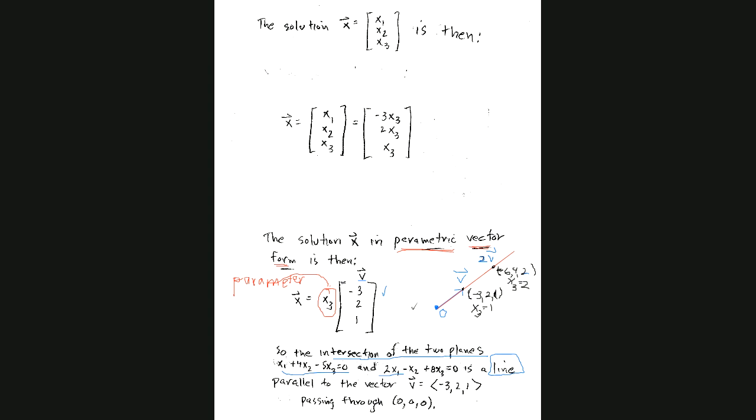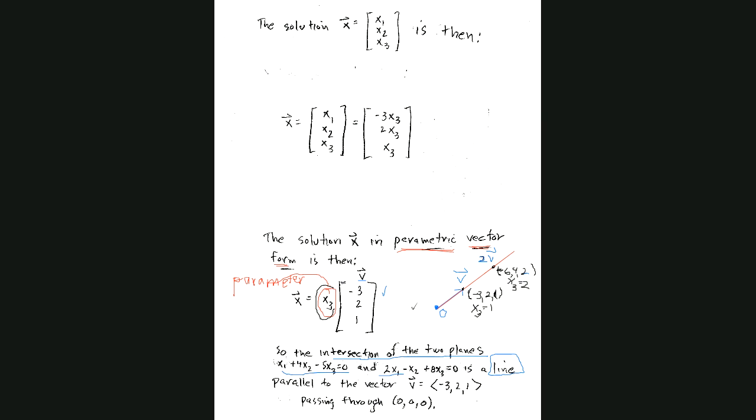So you see, by setting my free variable, my parameter, and letting it take on different values, I'm constructing different points. I'm finding different points all on this line passing through vector v1.